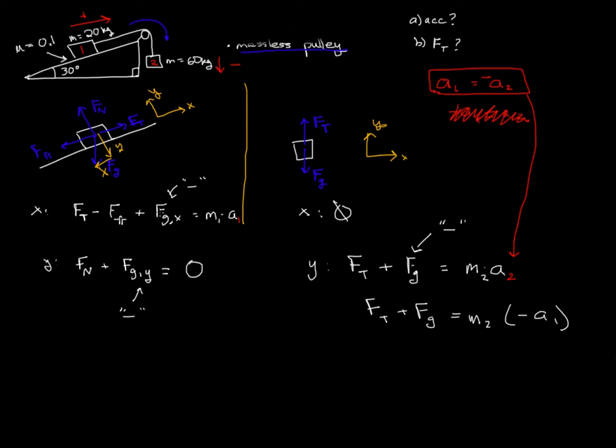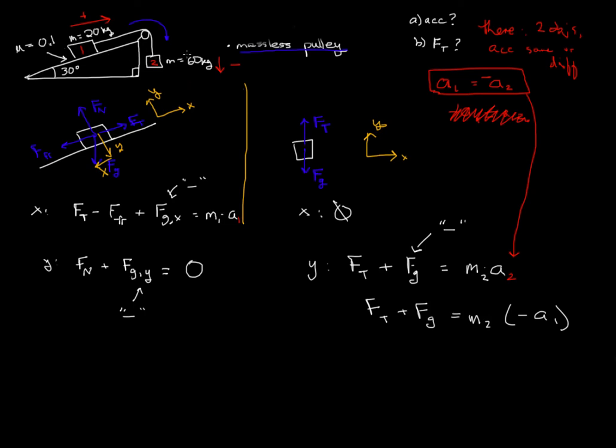So this is a huge theme. Whenever you are dealing with two objects, check to see. Let's write this out in words. Theme: whenever you have two objects, check if your accelerations are the same or if they are different. And you can sometimes have the same acceleration.